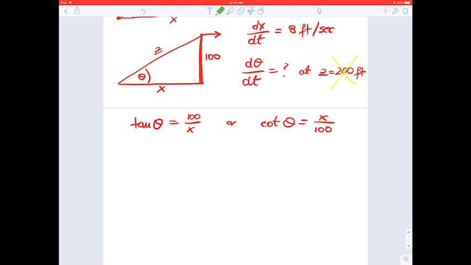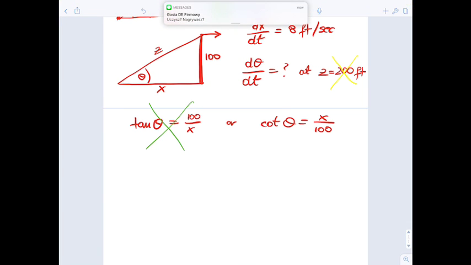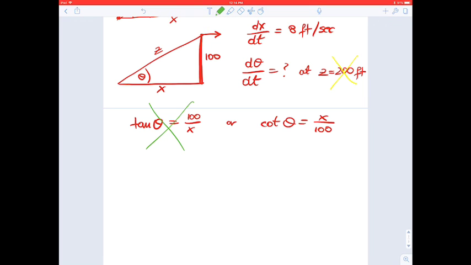In this case I will pick cotangent since x is on the top and it's just a linear relation. Let me multiply both sides by 100. That means I will have x equals 100 cotangent theta. This is a good relation.